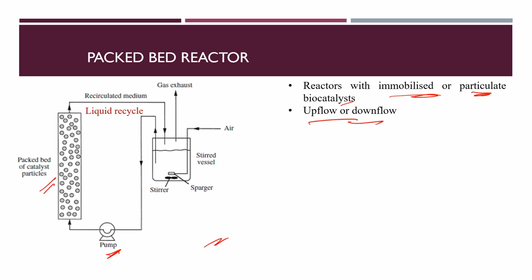So, it is going from here to here, and then it is getting recirculated like this. This is a schematic of upflow. There is no air supply here, so aeration is done in a separate vessel. After the aeration, again it is recycled, and in this way there is continuous recycling of medium.